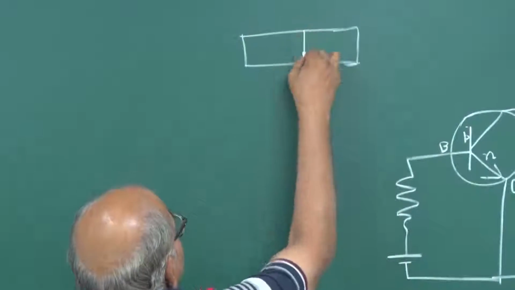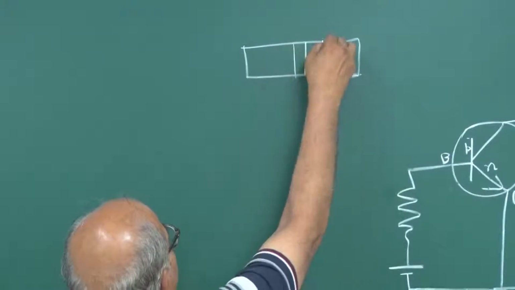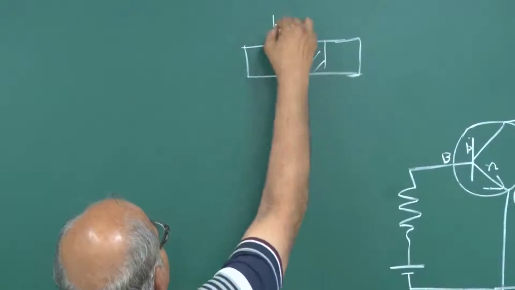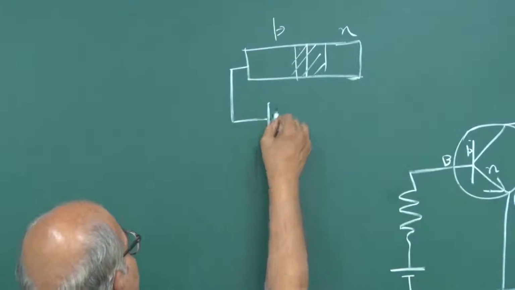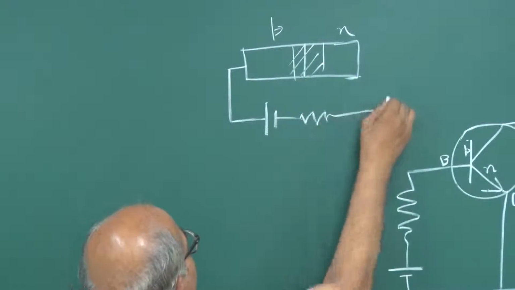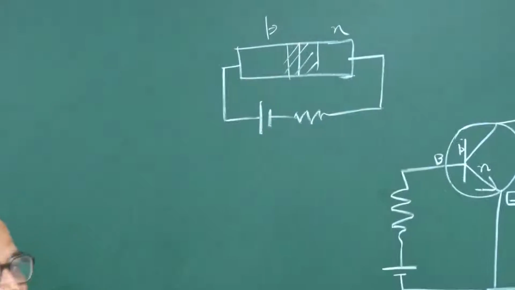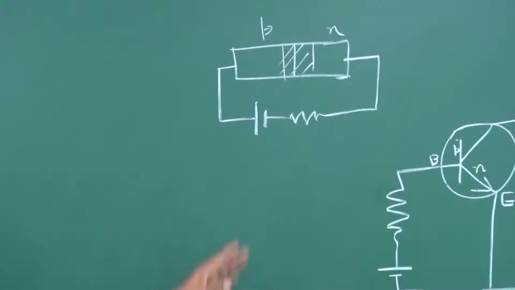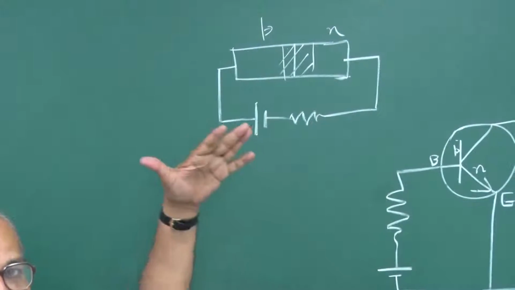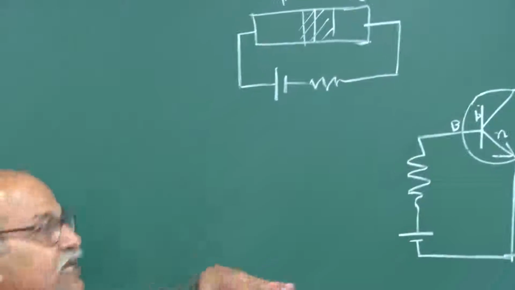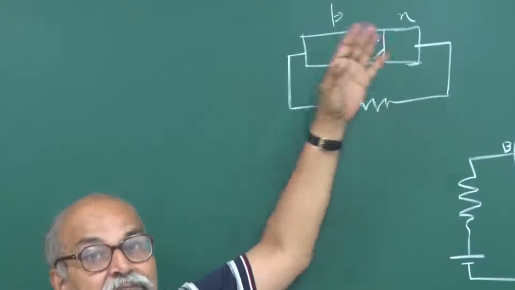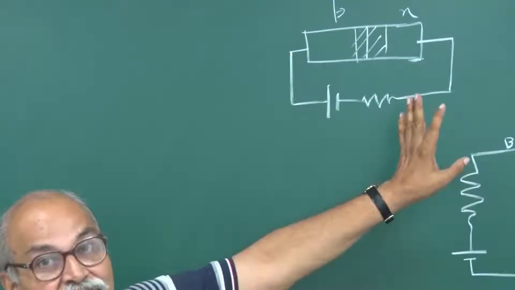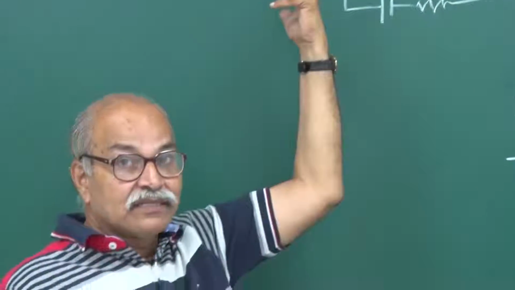If you have a normal PN junction, you have depletion layer, P side, N side, and then you forward bias it. So, what happens? Because of this biasing, the potential barrier decreases, and because of the large concentration gradient, majority carriers from both sides diffuse to the other side.